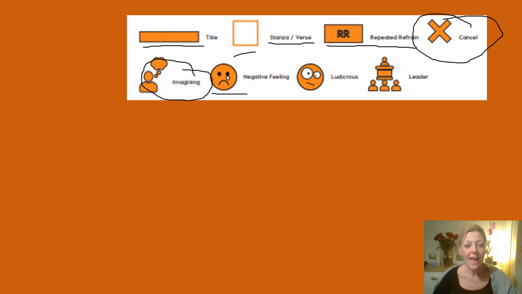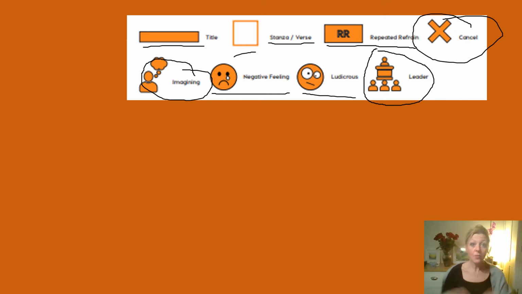And then we had something where we were thinking quite seriously. We would cancel mean, and we would cancel nasty. We would cancel the things which aren't very nice. And then maybe a bit ludicrous, again, going into imagining. And then the very last verse or stanza is when, if you were actually the leader, what overall would you really do? What rules would you make?